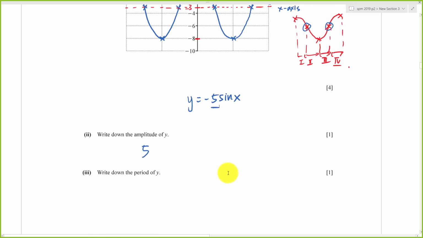Alright, write down your period. Period means one cycle. If you know that, you can straight away write 90 degrees, or else you can do 4x equals 360, x equals 90 degrees. It's something like the range of one cycle. Okay, this is the meaning of period.